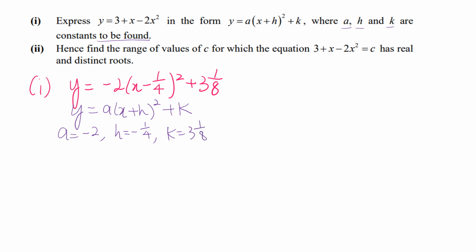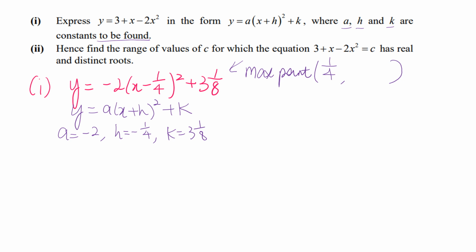So for part 2, we are asked to find the values of c such that this equation has real and distinct roots. Okay, so we need to understand what the curve looks like. From what we have gathered here, since the coefficient of x squared is negative, we know it is an n-shaped curve. So the maximum point will be at x equals 1/4.